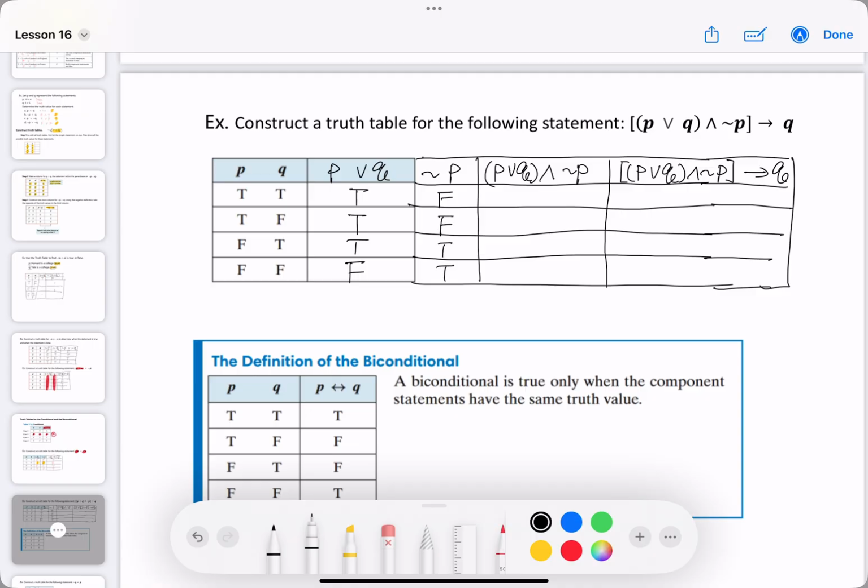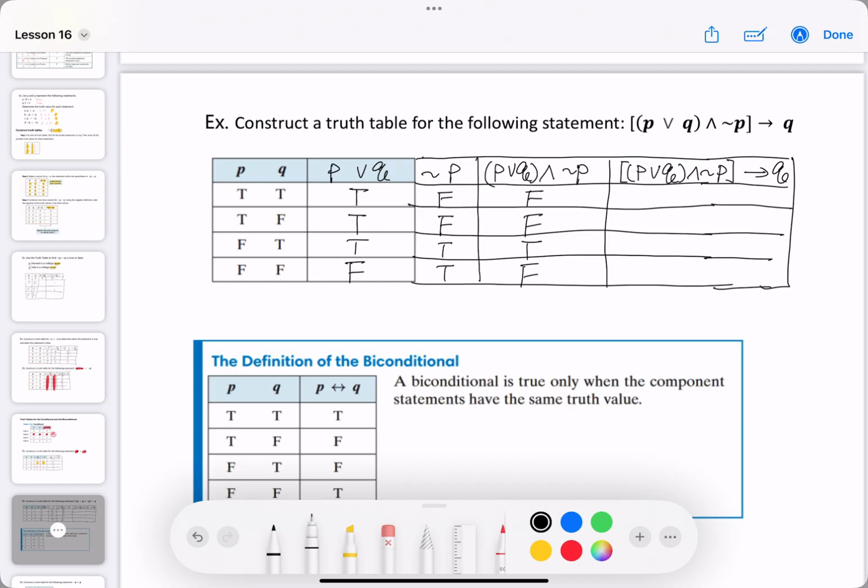And then we are going to combine these two together. So we are having conjunction, that is, and the relationship between these two statements. So we are having true and false, true and false, false, true and false, false, true and true, it is true. False and true, it is false.